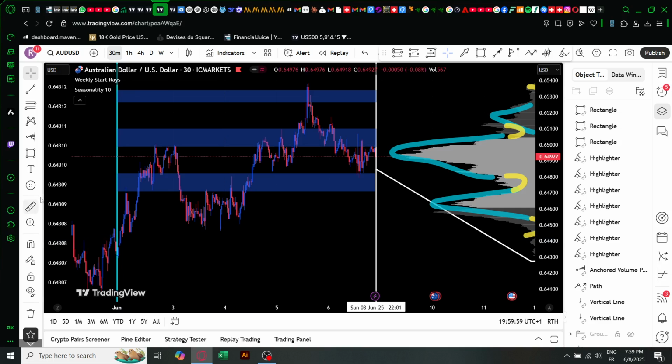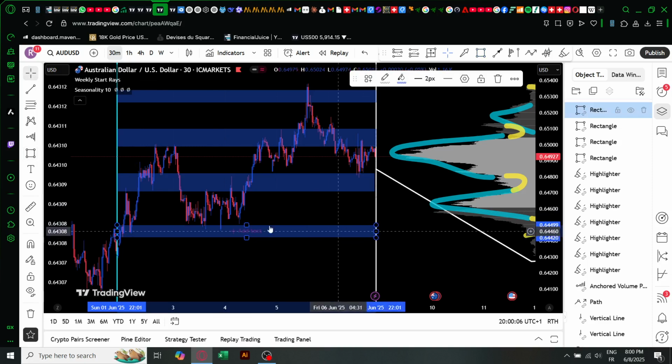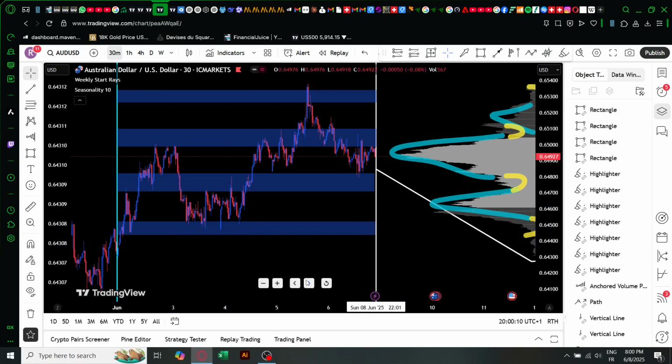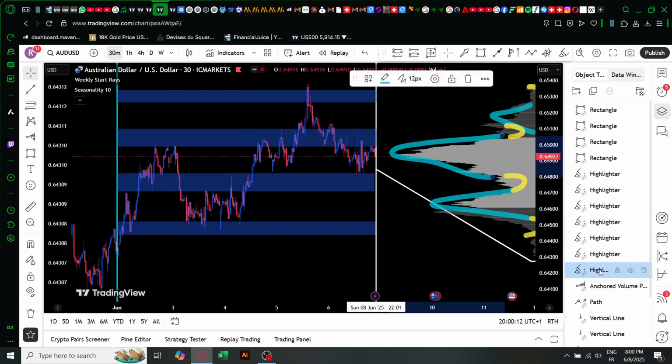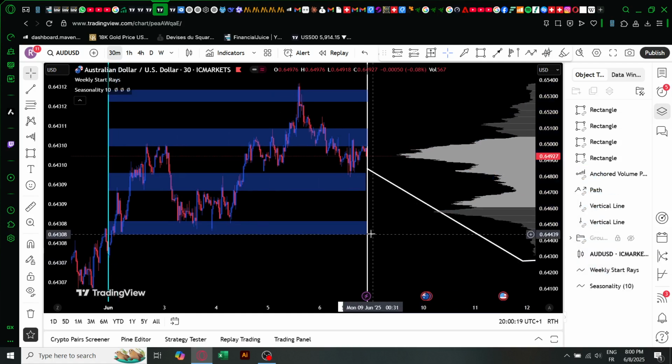There is one downside, which is this level. So now that we've finished making our levels, I will just delete those. Now we have our levels.